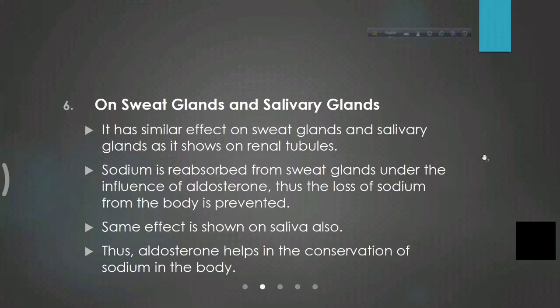So sodium ion is retained, or in other words, loss of sodium ions is prevented by aldosterone in the sweat glands, salivary glands and intestines. In decreased aldosterone secretion, sodium retention is decreased and sodium is lost. There is increased loss of sodium through sweat, saliva and intestines.